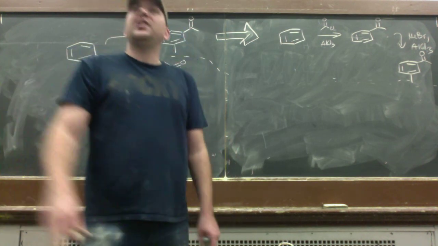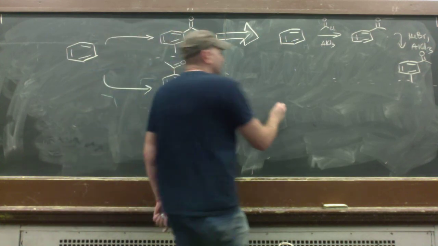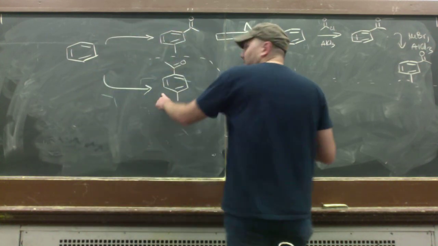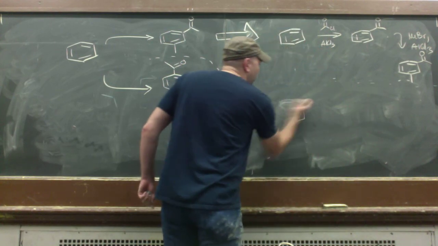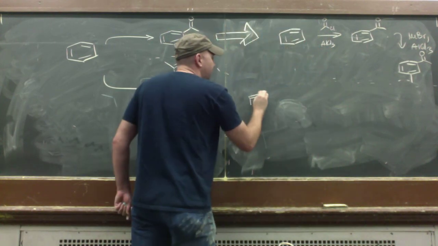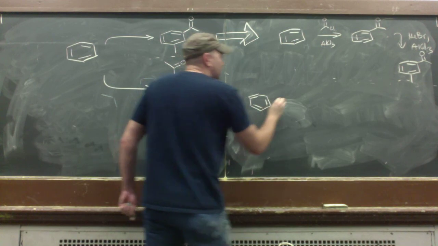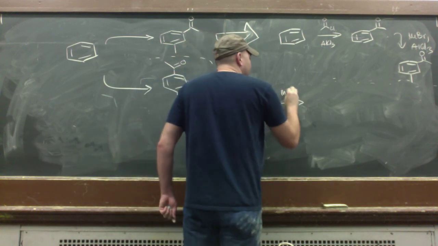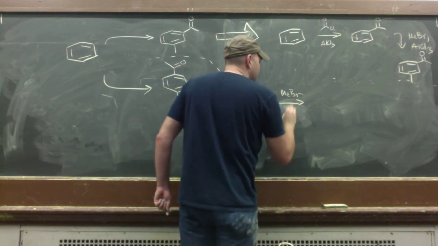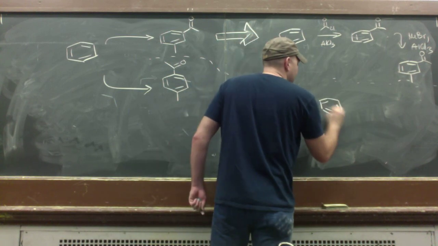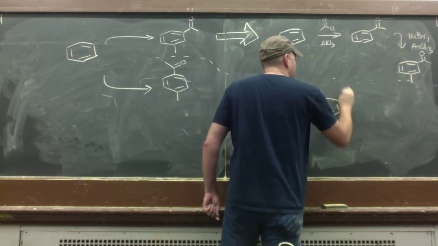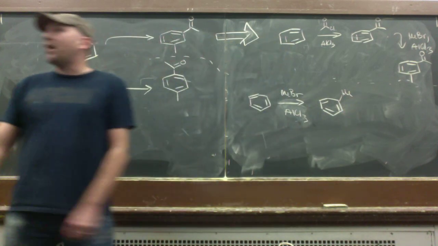So what would happen if we did it the other way around? Right, that's the whole point of what the problem was. If we start with benzene and we reverse these, we'll get the methyl group.